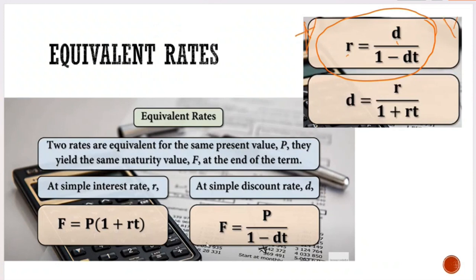I am not going to go through how it is derived. What is important, you need to take this formula and run with it. We are going to be using this formula for equivalent rates, simple interest and discount.